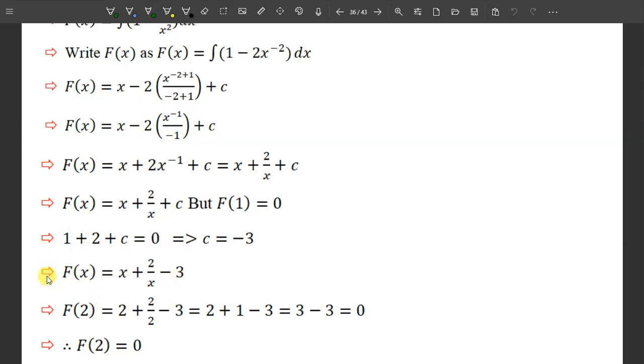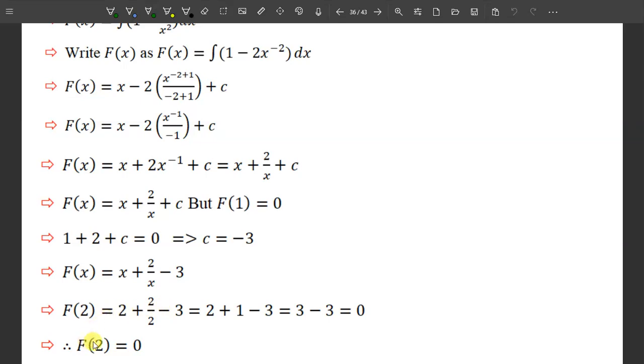Once we get the right function, we can find the value of this function at x equal to 2. F(2) is equal to, in place of x, substitute 2: 2 plus 2 over 2 minus 3. 2 divided by 2 is 1, and 1 added to 2 is 3. 3 minus 3 becomes 0.